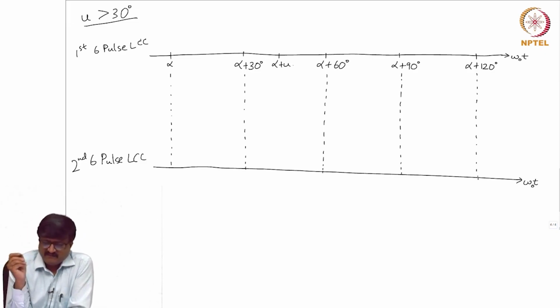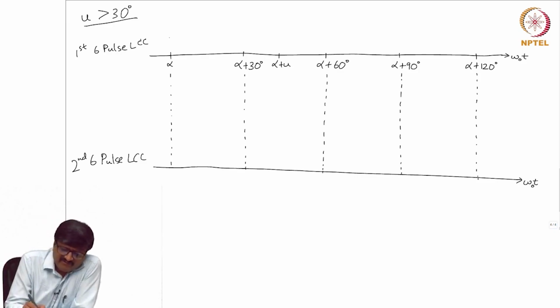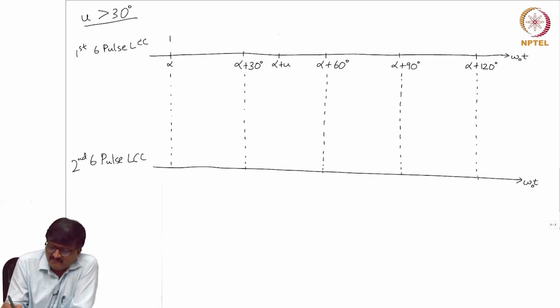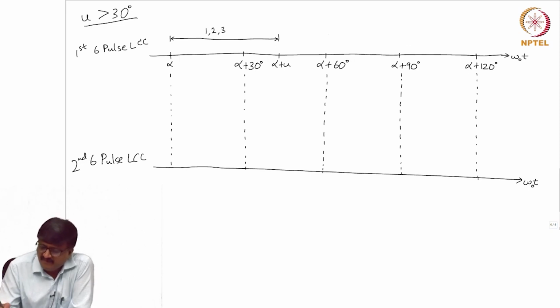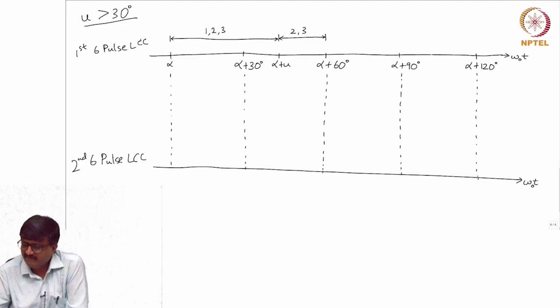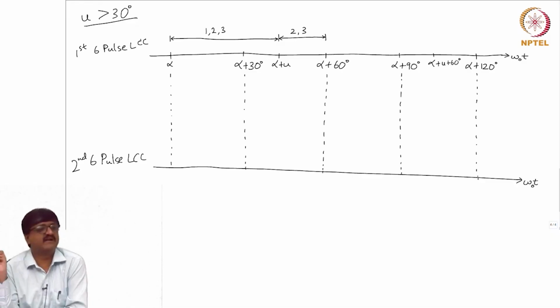So, if I take alpha to alpha plus u, what are the valves that conduct from alpha to alpha plus u? 1, 2, 3. From alpha plus u to alpha plus 60 degrees, it is 2, 3. And again alpha plus u plus 60 degrees is greater than alpha plus 90 and less than alpha plus 120.